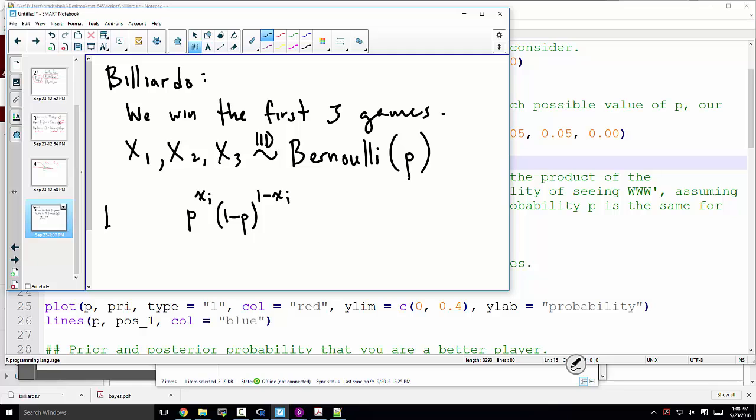So my likelihood would be the product of those. For every success, the likelihood contribution is P. For every failure, the likelihood contribution is 1 minus P. In our case, since all of those 3 x's are 1, the likelihood is just P to the 3rd.